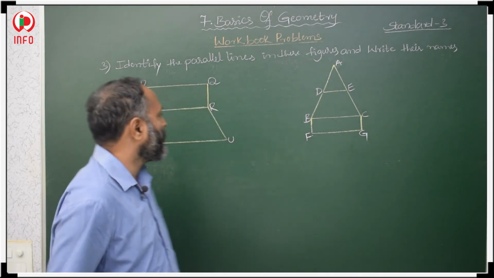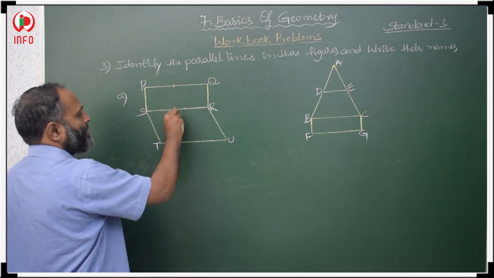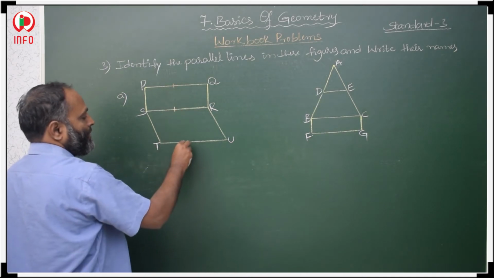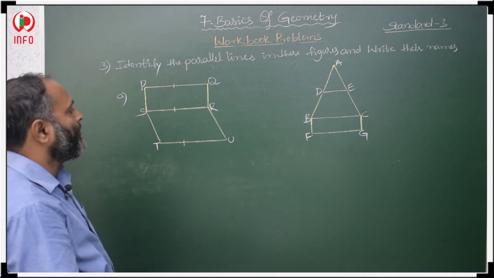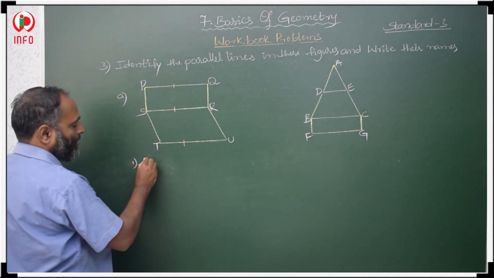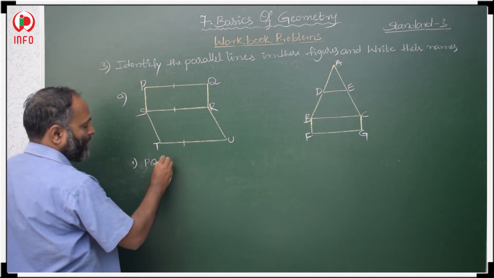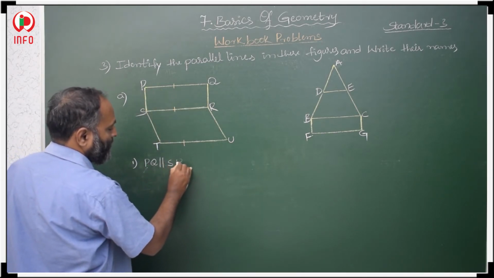So here, what are the parallel lines? This line is parallel to this, and this line is parallel to this. These three lines are parallel to each other. First, PQ line is parallel to SR line.